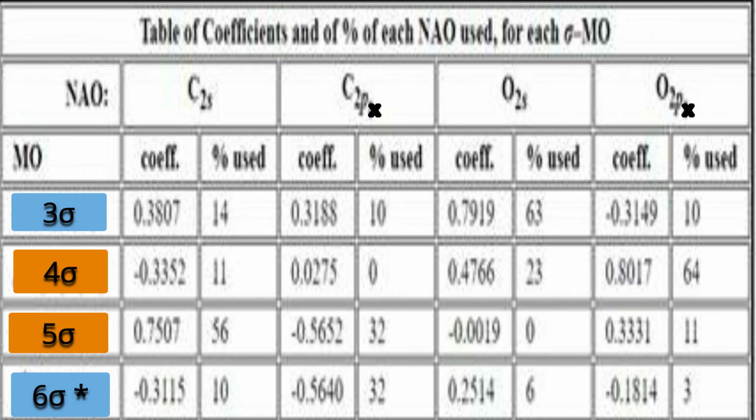And 5 sigma orbital is bonding to carbon 2px orbital. Otherwise it is anti-bonding. And how much percentage is it? 32%. So 23%, 32%, they are nearly the same. But majority 5 sigma orbital is antibonding and majority 4 sigma orbital is bonding. So net effect of bonding and antibonding is nearly cancelled.